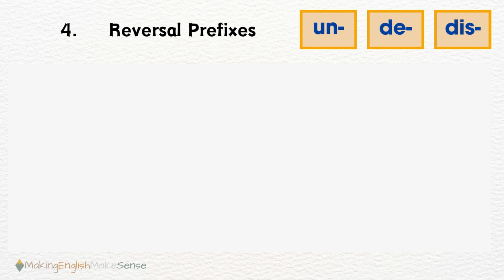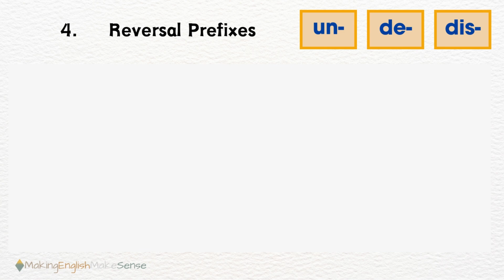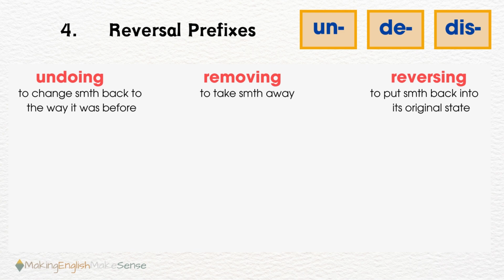Our final group of prefixes are called reversal prefixes and include the prefixes un, de, and dis. Yes, un and dis are included in 2 different categories and have 2 different meanings. Reversal prefixes are used to refer to undoing, removing, or reversing the action or state of the base word.